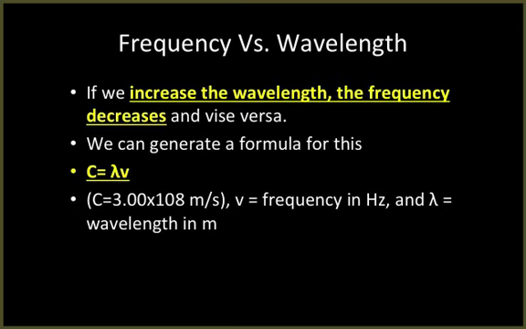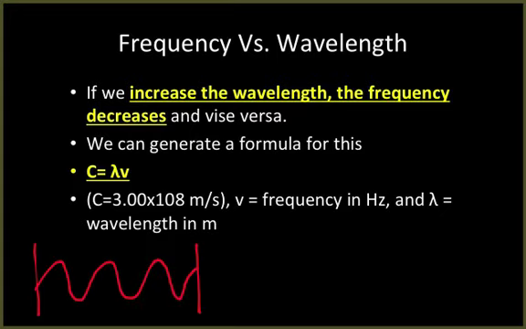So one thing to understand here is frequency versus wavelength. If we increase the wavelength, the frequency decreases. As an example, let's say that we have a wave from this point to this point, and we start off with something like this.